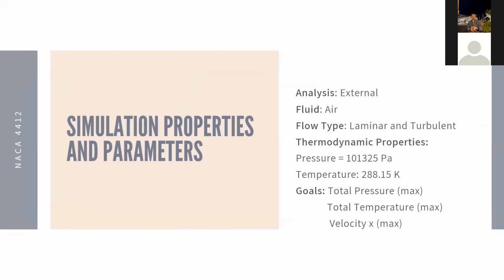So to start with, discuss muna natin yung simulation properties and parameters na ginamit namin sa simulation. First, analysis type po ay external. Type of fluid is air, flow type, laminar and turbulent. Ang aming thermodynamic properties ay we just simply use the standard sea level constant.